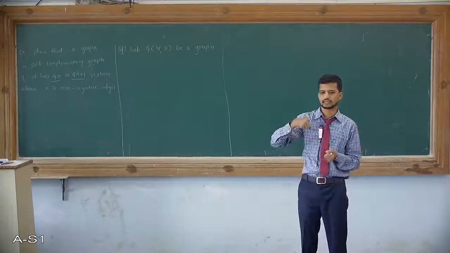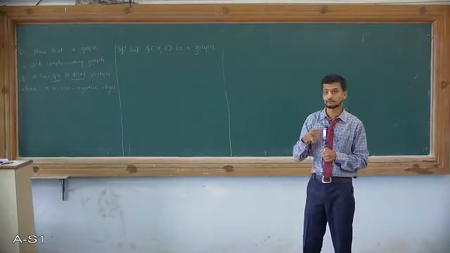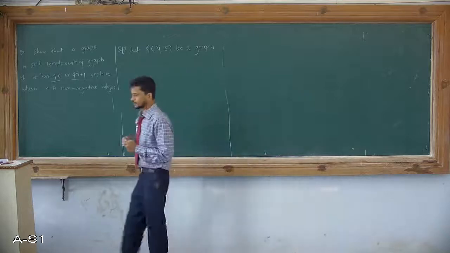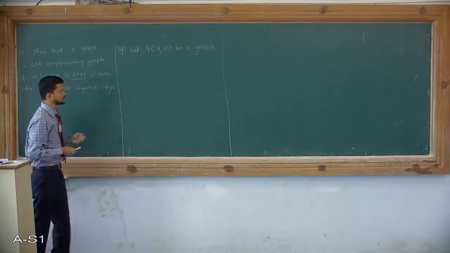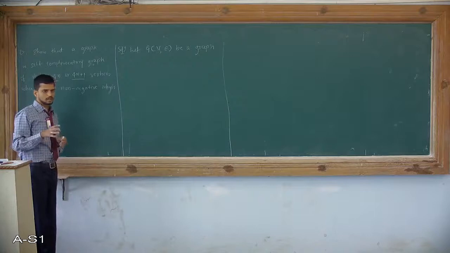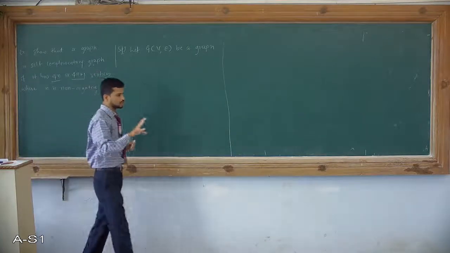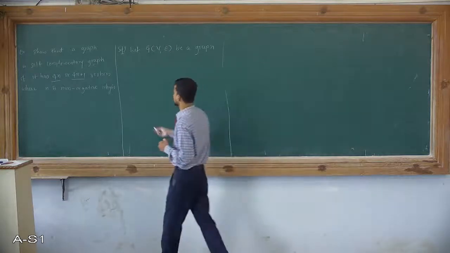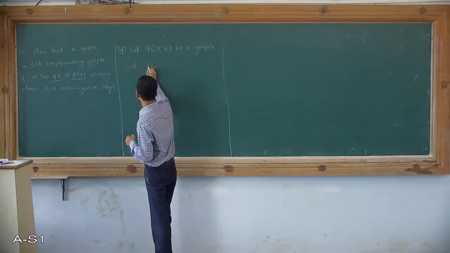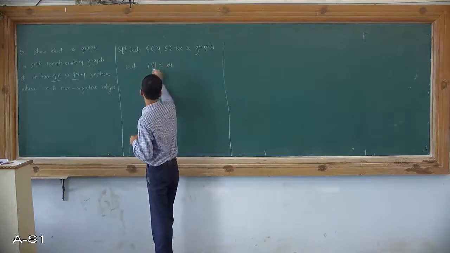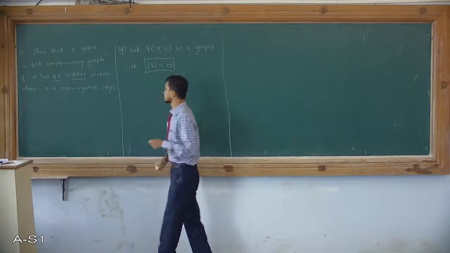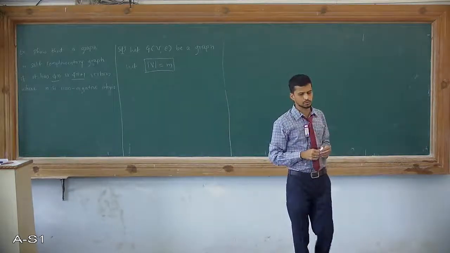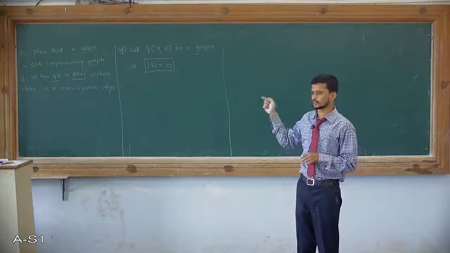So instead of writing simple graph every time, I am just using the word graph. Here graph stands for a simple graph. Let G be a graph with vertex set V and edge set E. Here I will only concentrate on the number of vertices. So I will take the cardinality of V is equal to m, because just now I used one property, that's why I use cardinality of V is equal to m here.